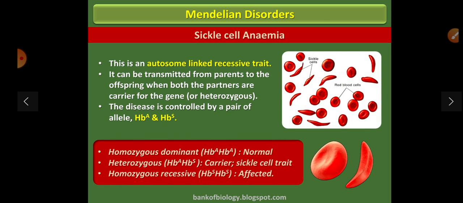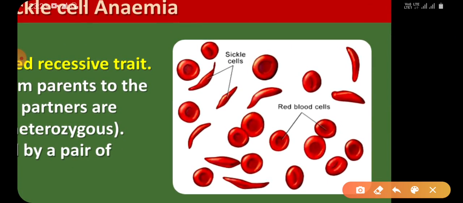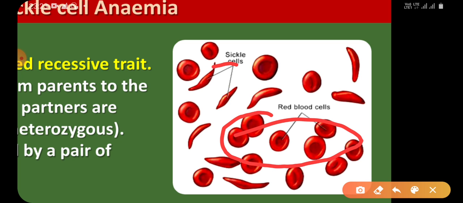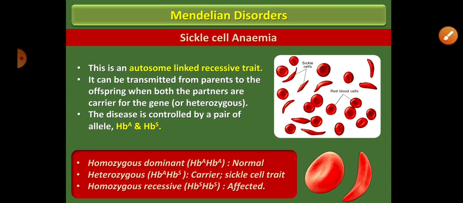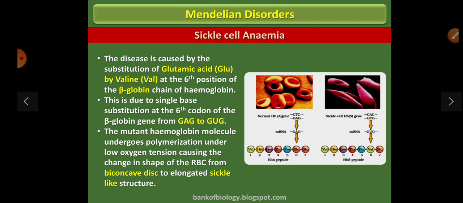In sickle cell anemia, the red blood cell shape changes. This is the normal shape of a red blood cell, and due to sickle cell anemia it changes from a spherical shape to an elongated shape. The disease is caused by substitution of glutamic acid by valine at the sixth position of the beta globin chain of hemoglobin.